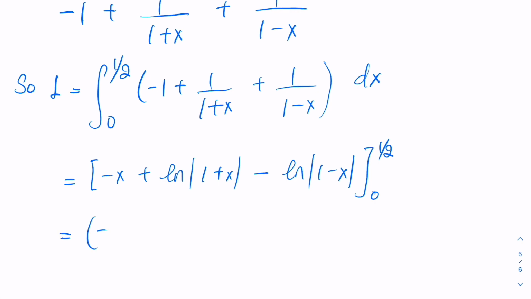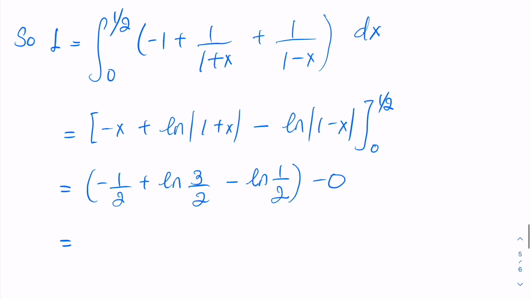So we have negative 1/2 plus ln 3/2 minus ln 1/2 minus 0. And then we simplify that. We ended up with ln 3 minus 1/2. And that's my final answer.